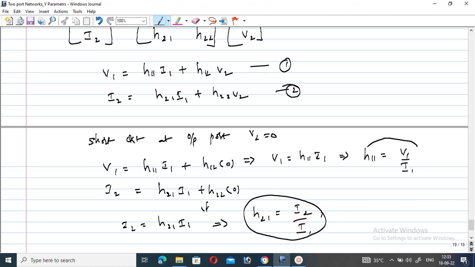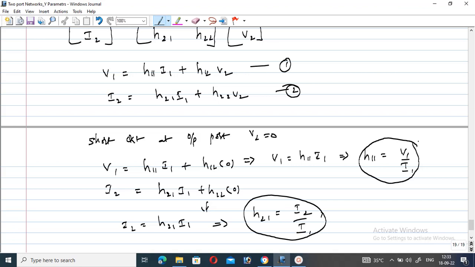So it is in the form of V1 by I1, which means it is in the form of a resistance, right? Impedance. Therefore, it is a forward impedance. We can also call it forward impedance, or input impedance. And the second one is nothing but I2 by I1.